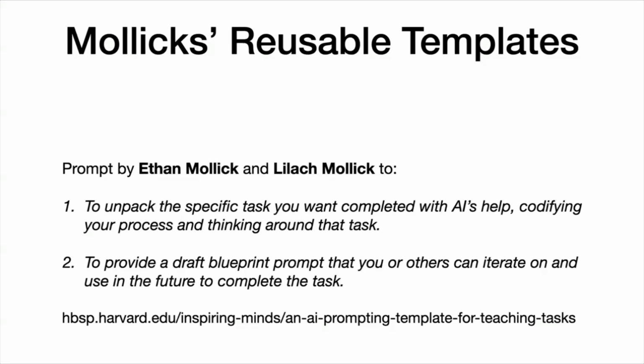Then it creates a draft blueprint prompt that you or others can iterate on and use in the future to complete the task. On the URL at the bottom of this page, you'll see an explanation of the reasoning behind this and the long and fairly detailed prompt that's used.